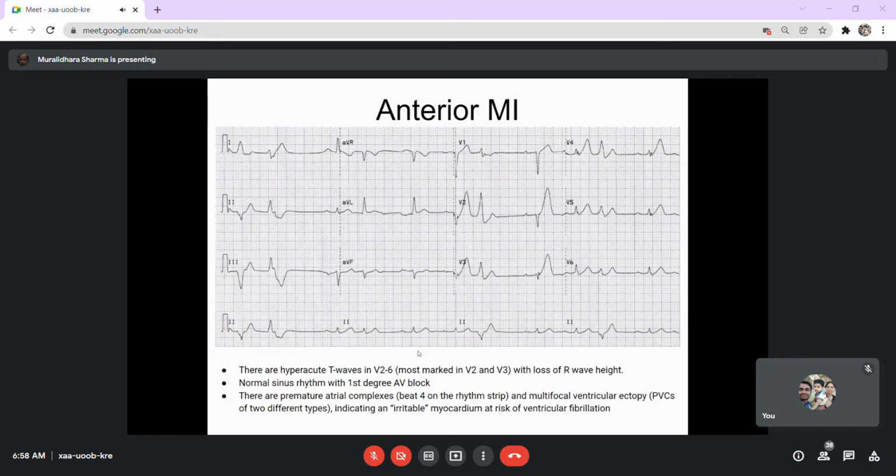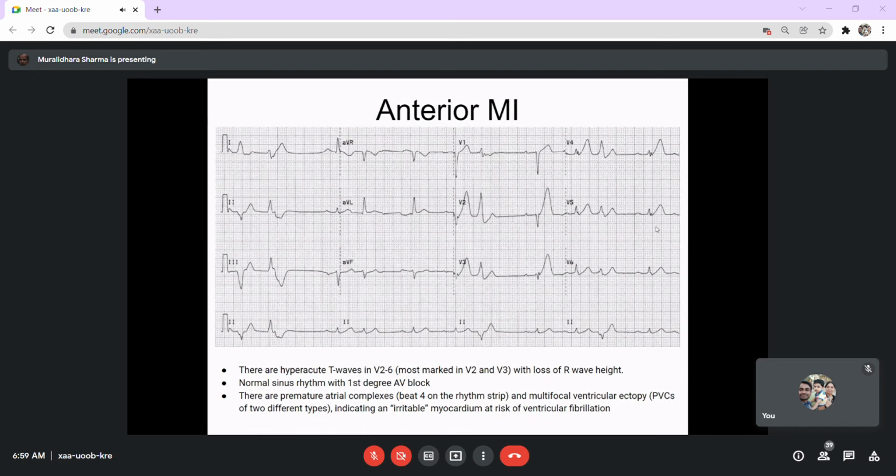So once there is a tendency for the AV block, usually you have more time. It may not result in a cardiac arrest, but if there is no AV block, then there is a high risk of cardiac arrest. So anterior MI and anteroseptal MI are the two conditions where there can be sudden death.